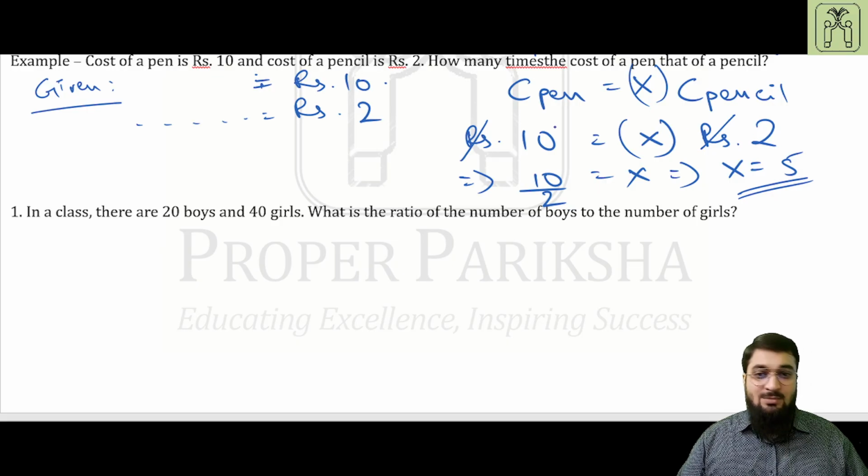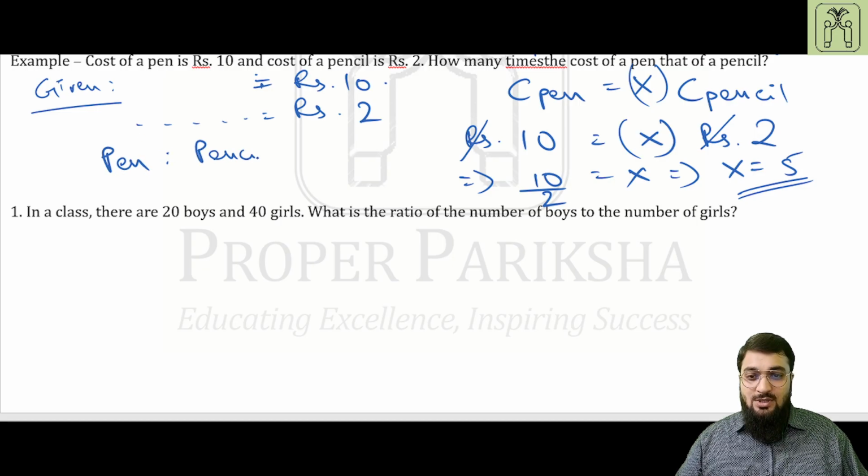Therefore the answer will be that the cost of pen is 5 times that of pencil. Or you can write that pen is to pencil का cost, आप cost पहले लिख लीजिएगा, is equal to pen and pencil is equal to 5:1. That will be the answer.